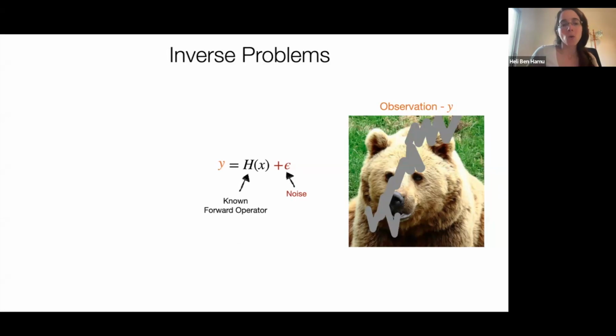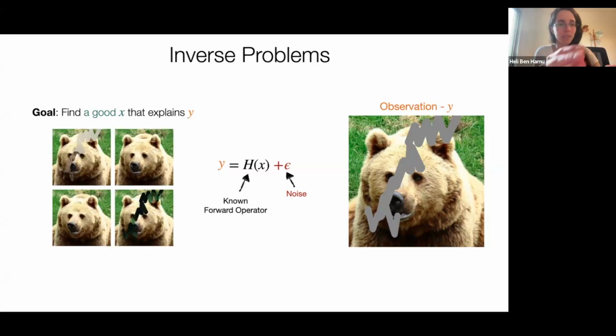Okay, now our goal is to find a good X, a good model that explains our observation Y. And now, what is good? I mean, good is not something that we can work with, but let's see some examples. Here we have some suggestions of completions of this in-painted image. And I think you will all agree that the ones that are on the diagonal are not good X's that explain Y, and the ones that are off the diagonal are good ones.